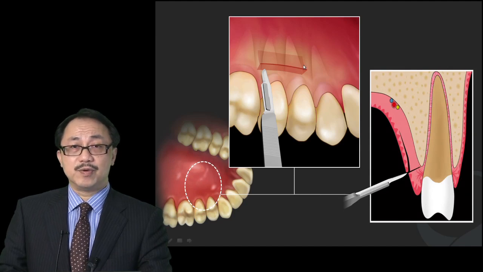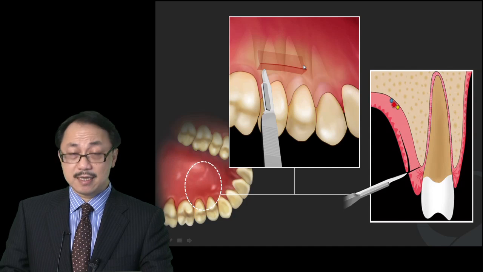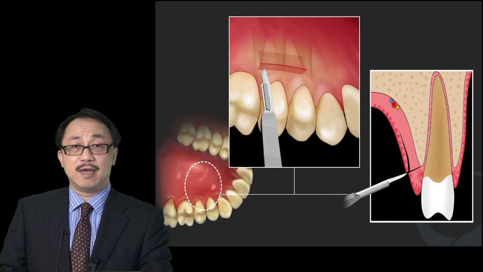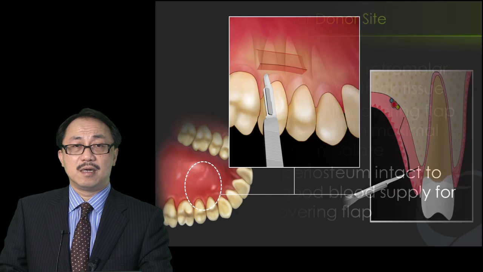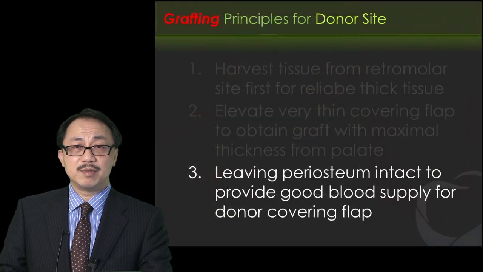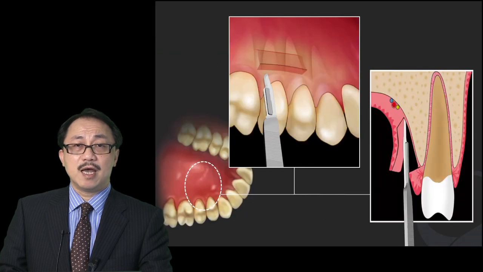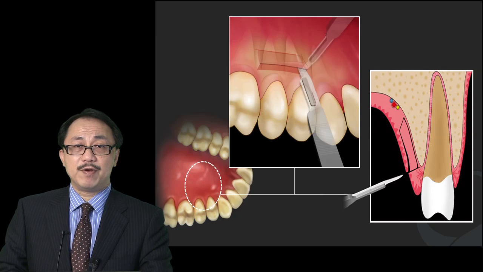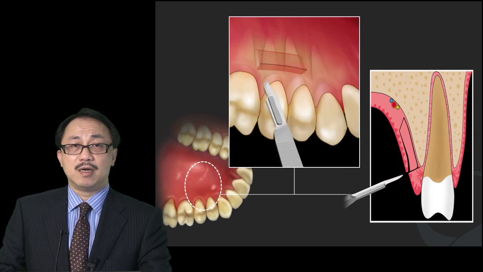Thinning this tissue allowed us to obtain, this is the third cut, and leaving the periosteum intact. Now we can obtain a very thick tissue at this moment.